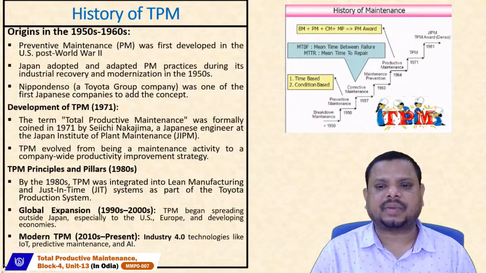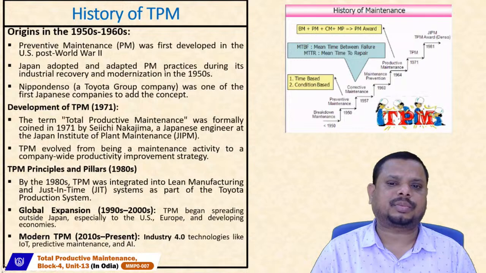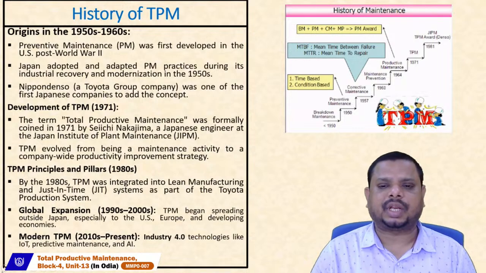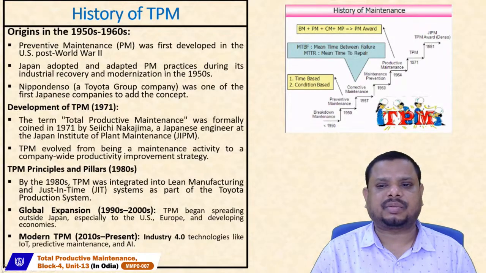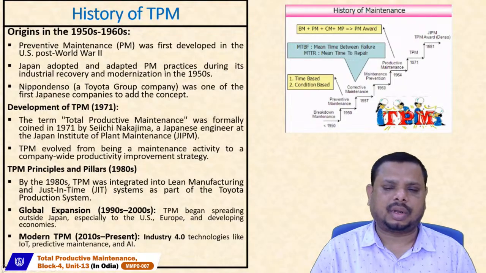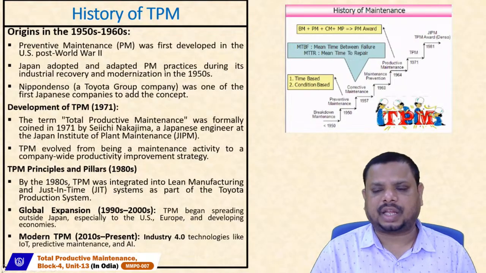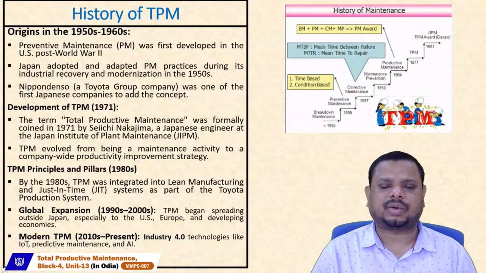In 1975, corrective maintenance was introduced, where we focus on mean time between failures and mean time to repair. Then in the 1960s they provided maintenance prevention. Then in 1964, productive maintenance, where they focus on breakdown maintenance, preventive maintenance, corrective maintenance, and various other maintenance practices.